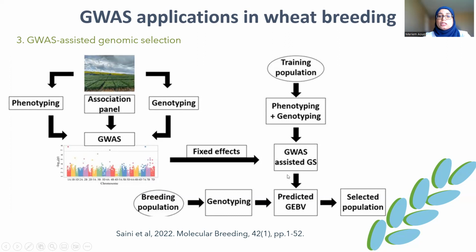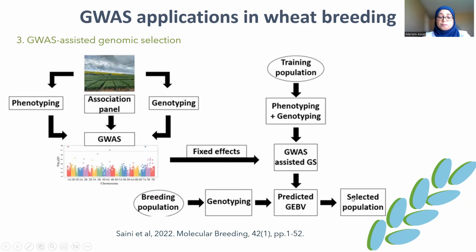Based on the genotypic data and the genomic selection model that you develop in your training population, you will be able to predict the genomic estimated breeding values of the individuals in your breeding population, and be able to select the best individuals in this population. How GWAS can help in this case is that the significant markers from your GWAS can be fitted as fixed effects in your genomic selection model.